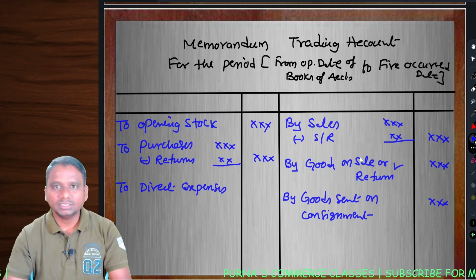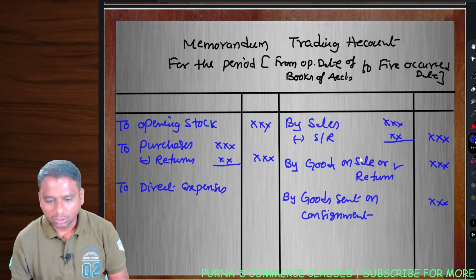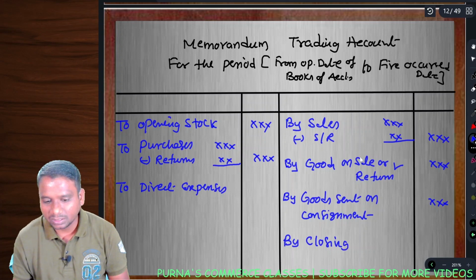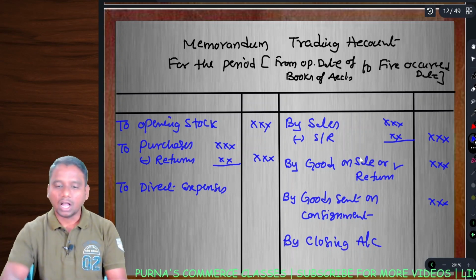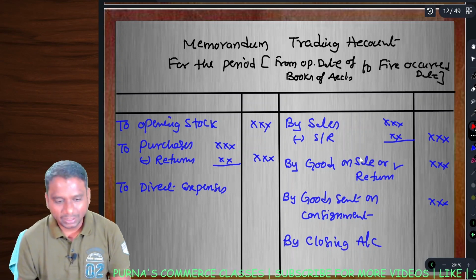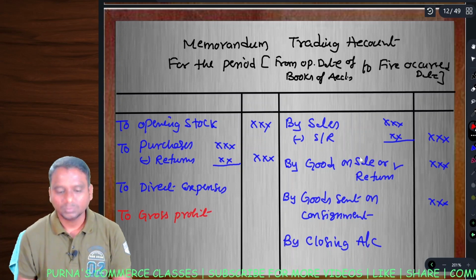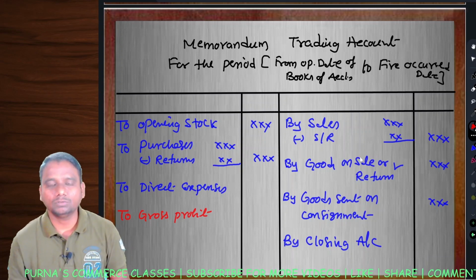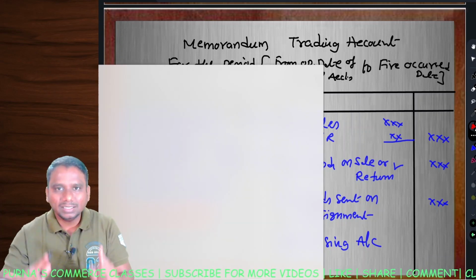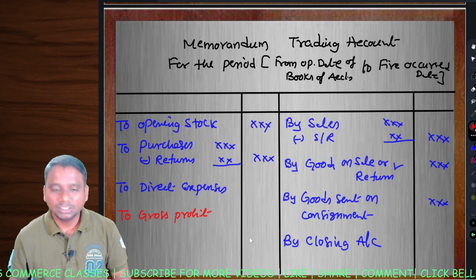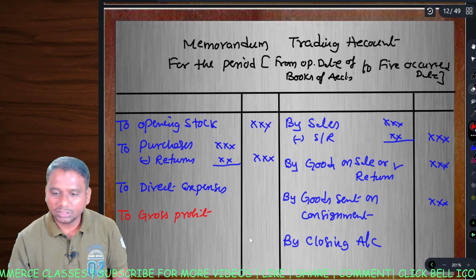Actually, if you balance this account after writing closing stock, generally the trading account is prepared like this. After writing all, the difference is nothing but either gross profit or gross loss. But in this problem, trading gross profit is already calculated.